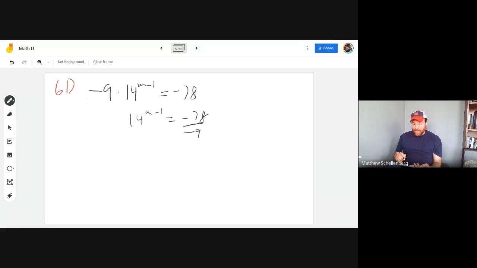Unfortunately, they are not factors, but we can cancel the negative. And also, each of them is divisible by 3. This is 26 times 3, I believe, and this is 3 times 3. So it ends up becoming 8 2/3, so 8.66666 repeating.